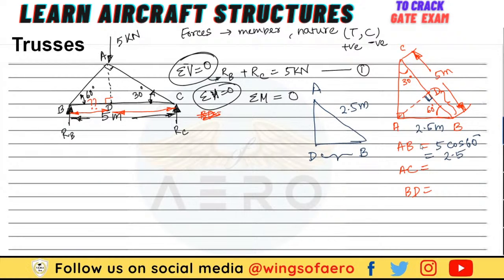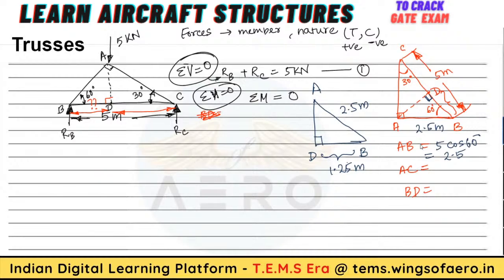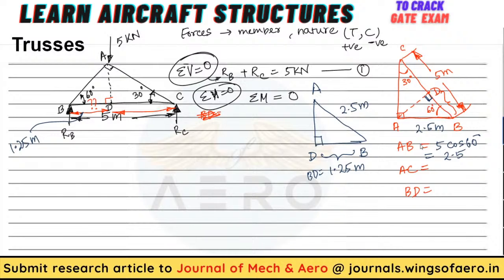Then I can find this again: 1.25 meter. What is my BD? BD is 1.25 meter. Now total is 5 meter minus 1.25 meter, I can find the other end.